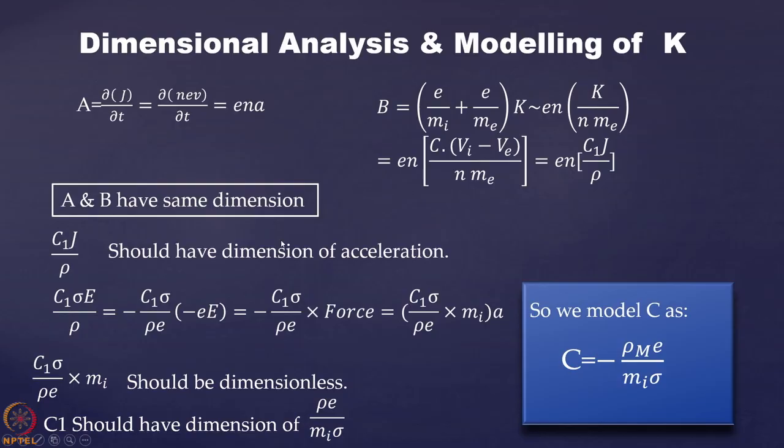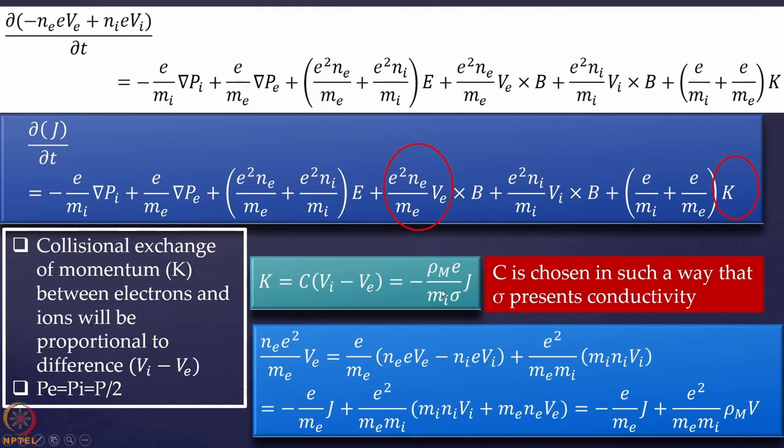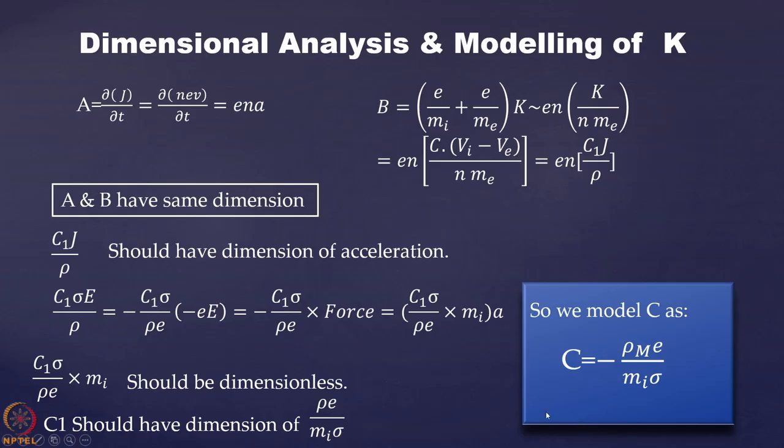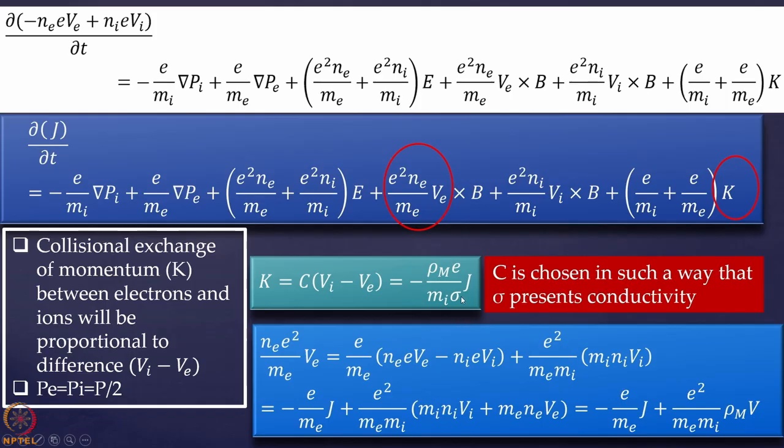So we model this constant K, you see, as this term rho m E by mi into sigma, which we just got over here, multiplied by J. Okay.